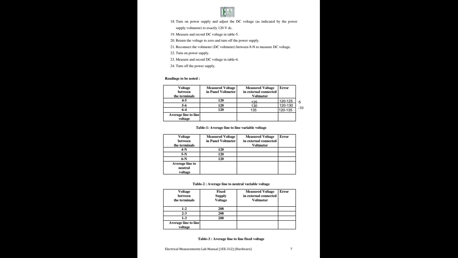Here it is 120. What will be the average error? Minus 5 plus minus 10 plus minus 15, so it will be minus 30. So we are taking 3 readings, so we can have the average of minus 10.